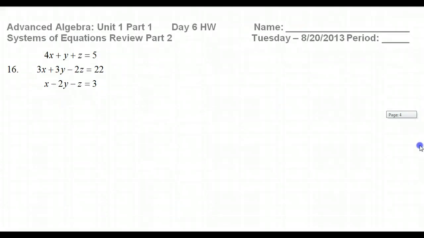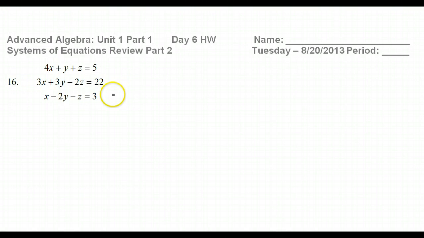Let's do number 16. Let's see. I'm going to go back to the elimination method for this one. Okay, let me help you see what I see. Do you see what I see?